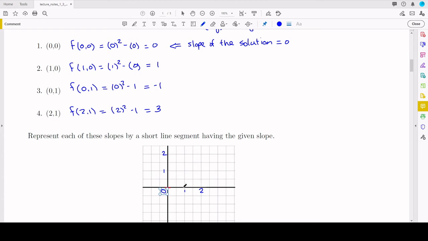So at 1 comma 0, that's this point right here, we see that the slope is 1. So if we want to draw a line with slope 1, this is approximately slope 1. We can put that right there.